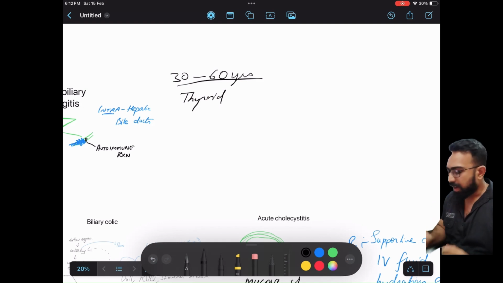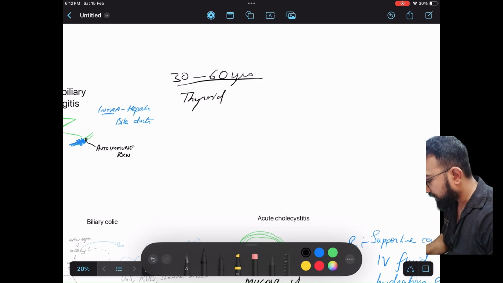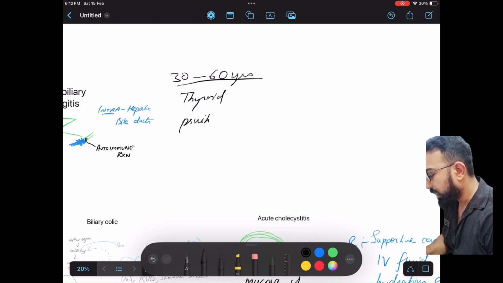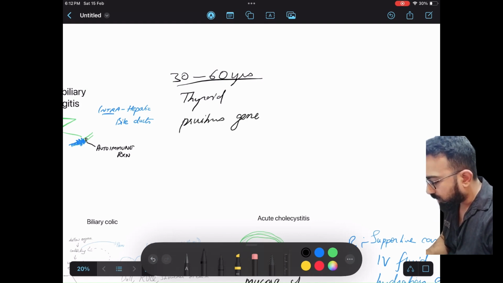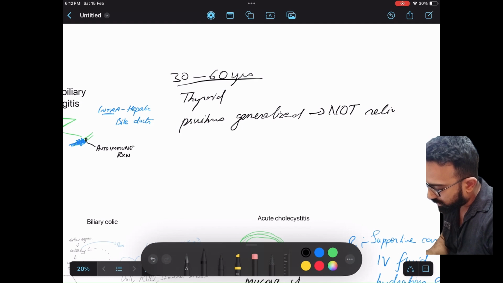And she will have pruritus, which is itching, which is generalized and which is not relieved by antihistamines.